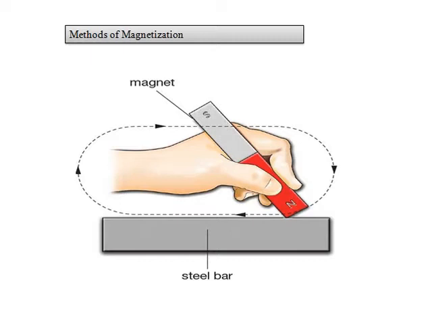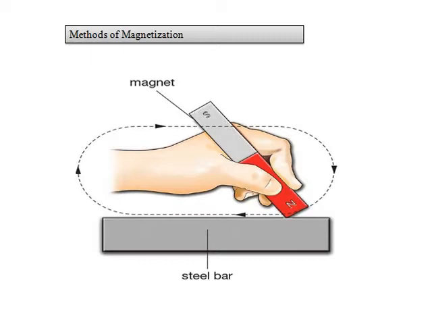After a certain amount of stroking, because of the expenditure of mechanical energy, the tiny magnets inside the steel bar are now aligned with each other.